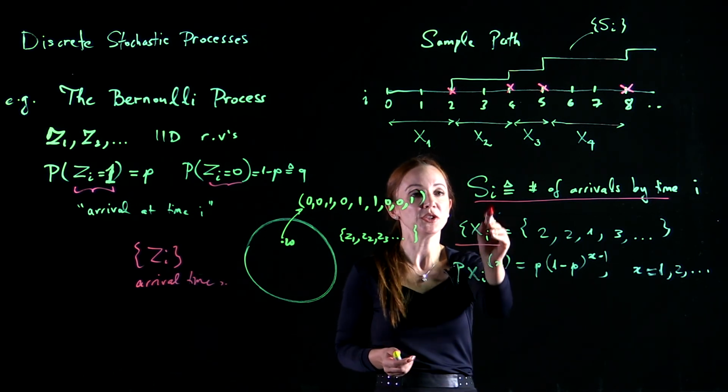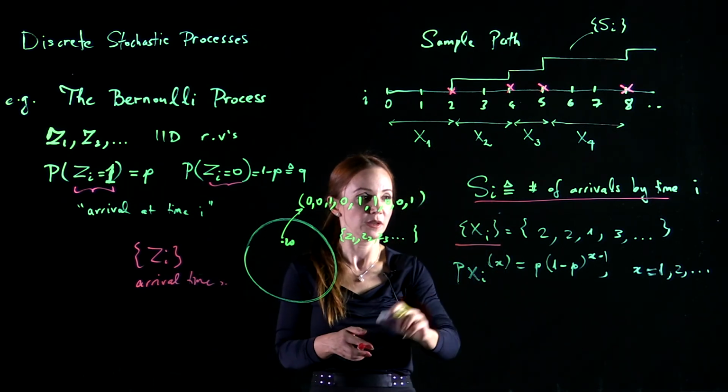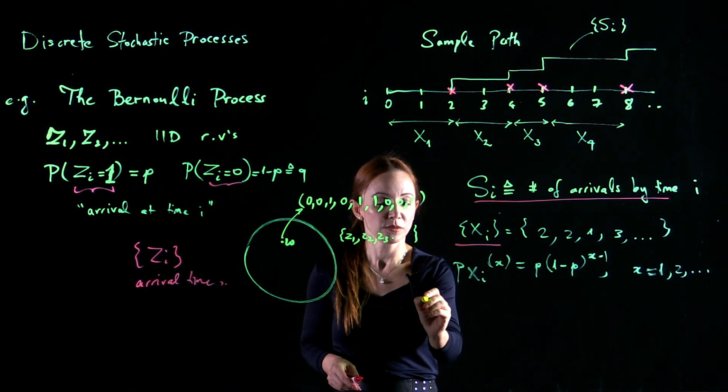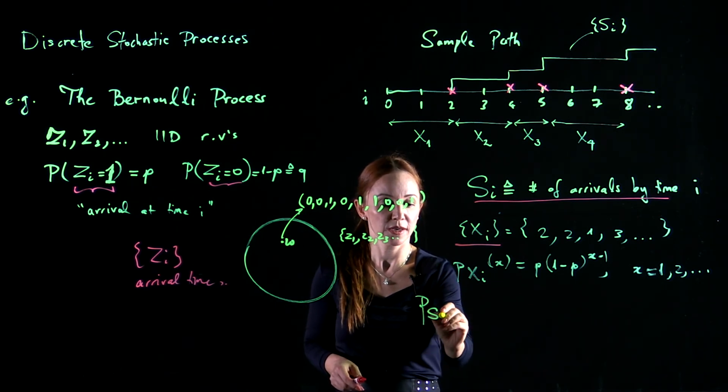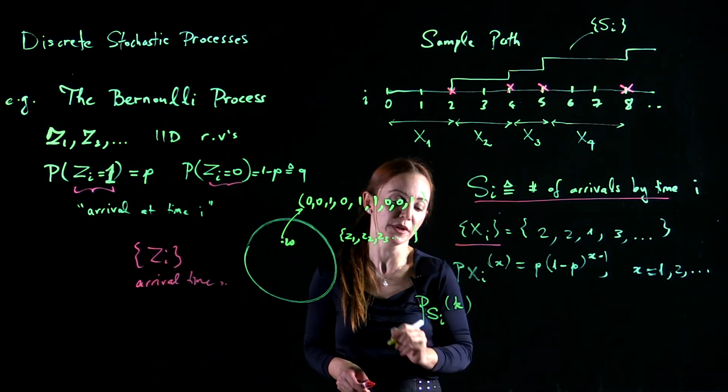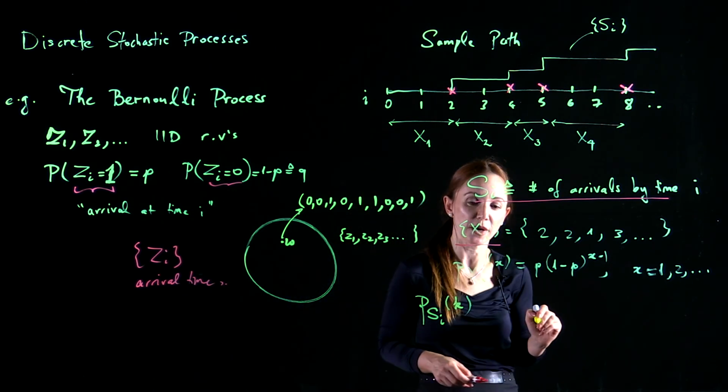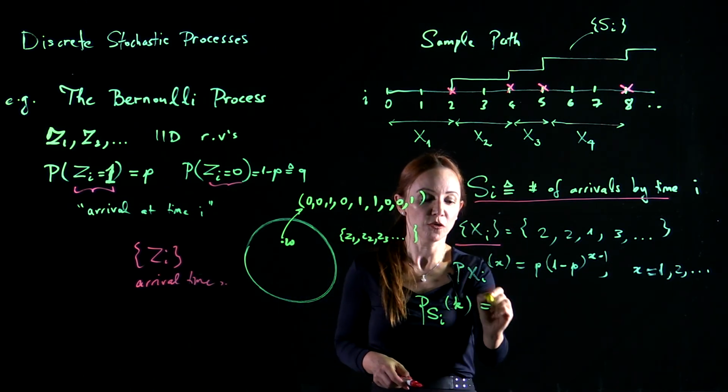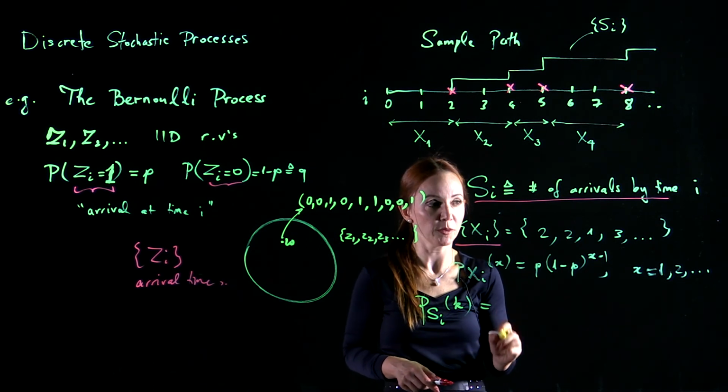Now, how about the distribution of Si? P_Si of k, the probability that there are k arrivals by time i, of course, is going to be binomial.